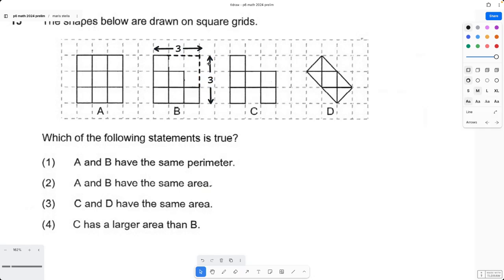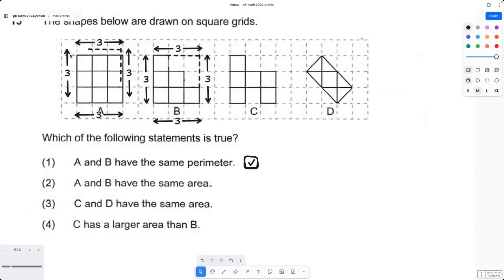So option number 1 is correct. So this is true. Perimeter B is true. So 3 is here, 3 is here. There you go. Same goes to A as well. Okay, very good.